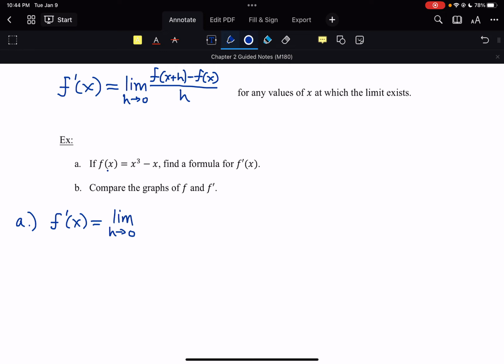This is our f of x, so all these x's for this first part are going to get replaced by x plus h terms. So this is going to be x plus h cubed minus x plus h, minus f of x, so minus just x cubed minus x, all over h.